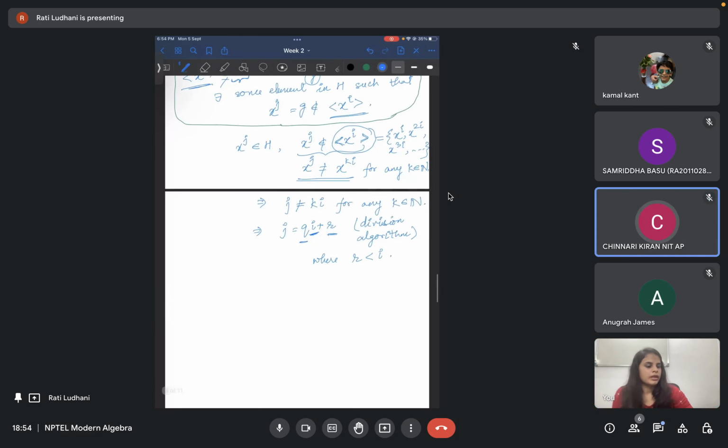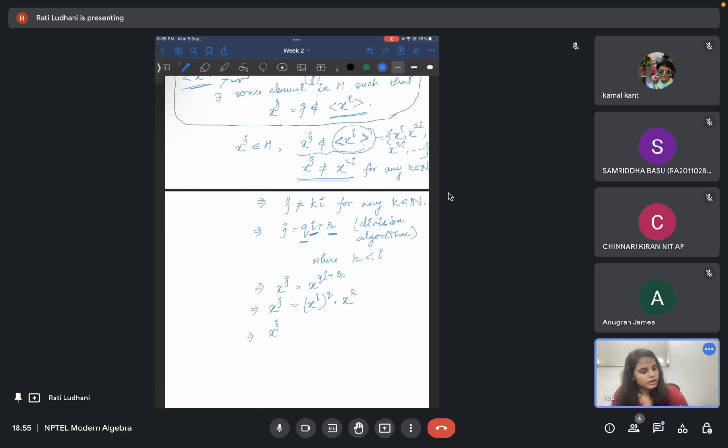Yes. Okay. So from this, what you know, x raised to power J is equal to x raised to power Qi plus R, and this is equal to x raised to power I raised to power Q into x raised to power R. And now you have x raised to power J times x raised to power I raised to power Q raised to power minus 1 is equal to x raised to power R. And now you know x raised to power J belongs to H, x raised to power I belongs to H, so any power of it will be here, its inverse will be here.